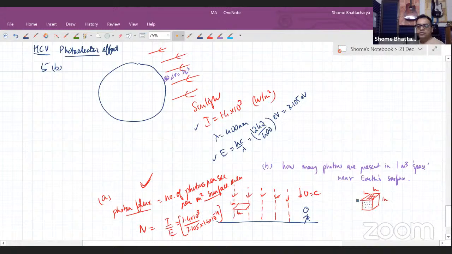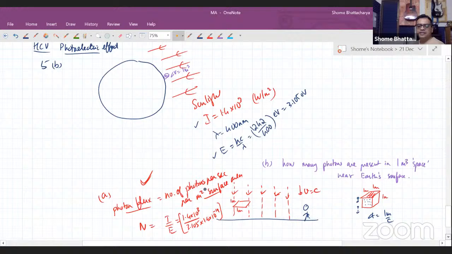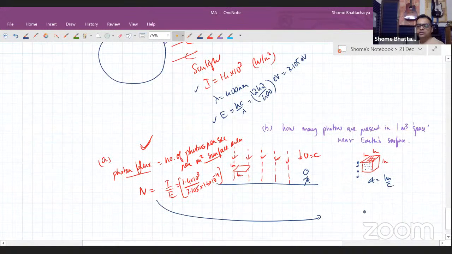A photon that enters from here, how much time does it take to come out from this side? From here to here, the time is 1 meter divided by c. So at any instant, how many photons are inside that box? The number will be n into delta t.